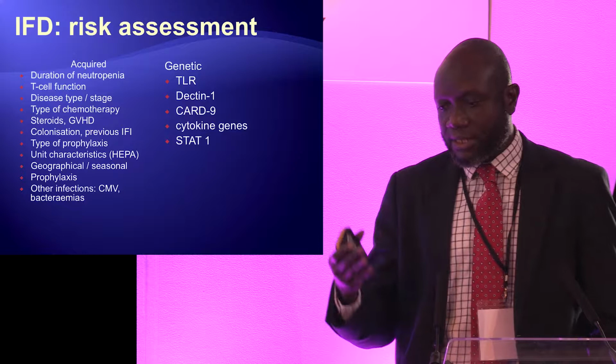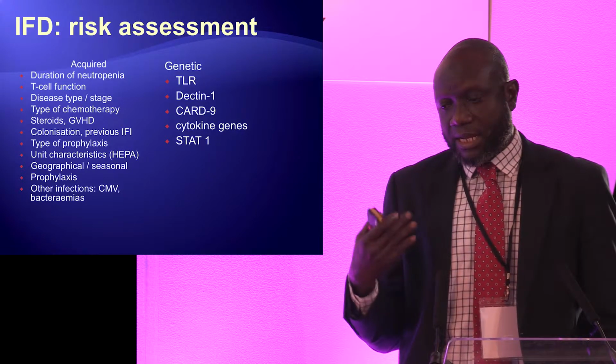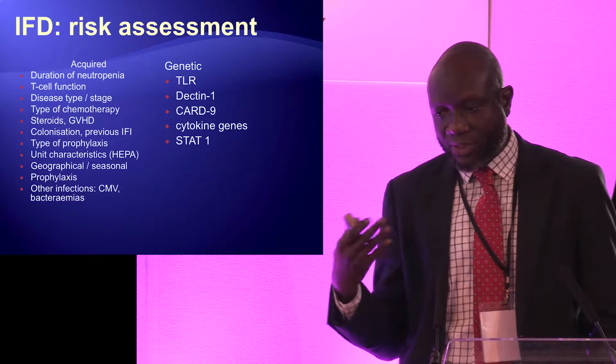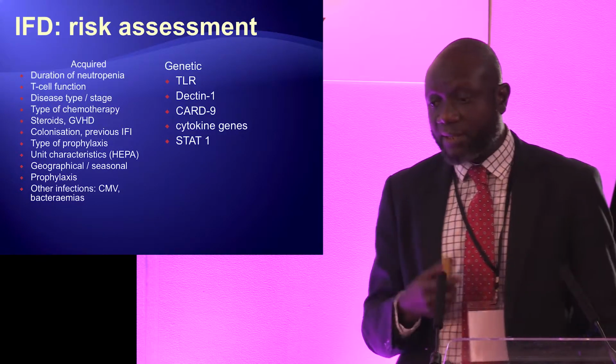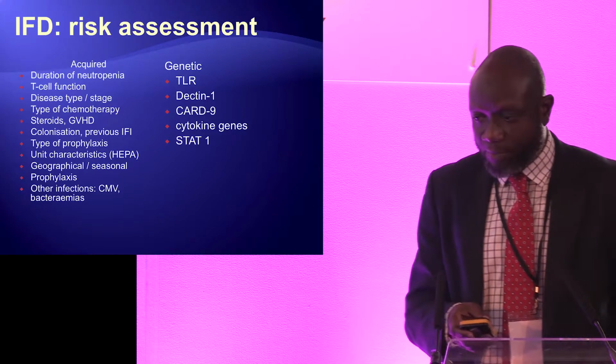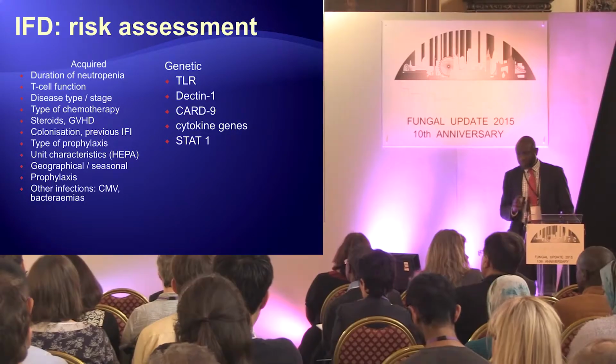There are other things that are also important, especially in the transplant setting: T-cell function, and things that affect your T-cell function, such as Campath, anti-CD52, which impact on fungal infection.